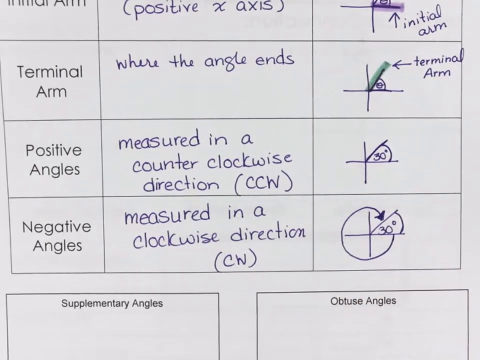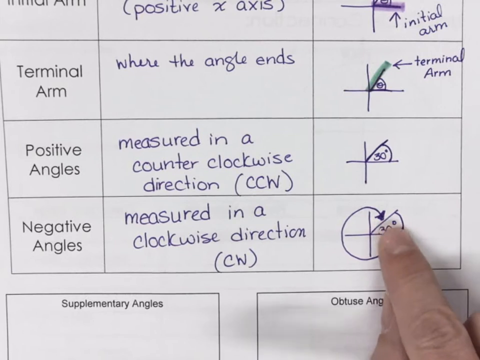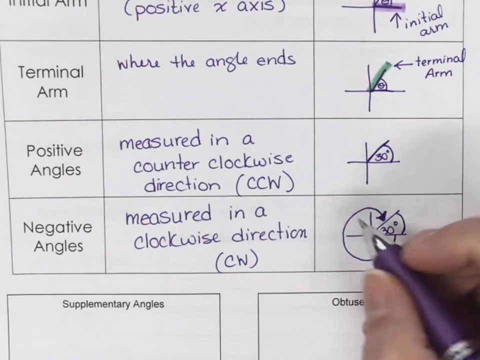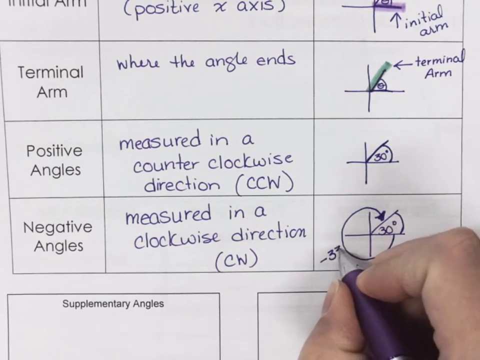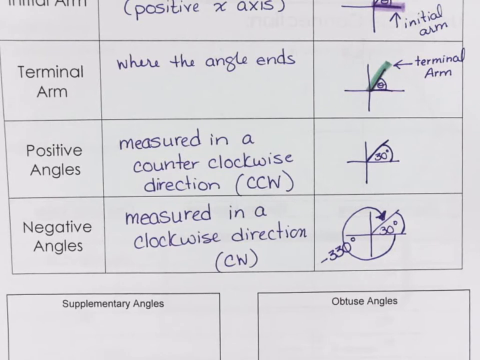What would the negative angle be? Negative 330. Because how many degrees are in a full circle? 360. We know that that's 30, so we know what's left over is 330, but we're measuring it in a negative direction. So that's negative 330 degrees. Okay. Not too hard. Not too hard.